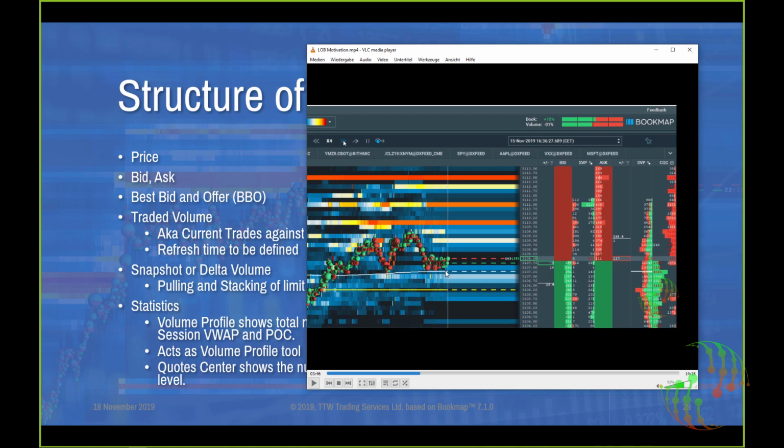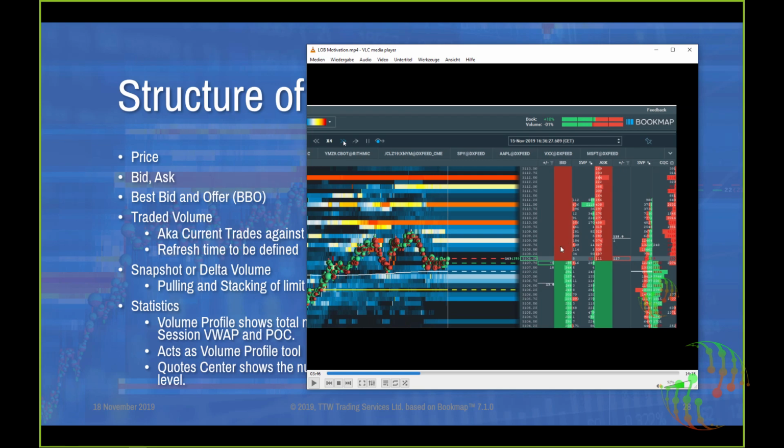There's nothing lagging like volume. You will see how important volume is, and the point of control and the VWAP. This additional statistical information, we have the volume profile here on the side. You will see that. So this defines an excellent and great limit order book.